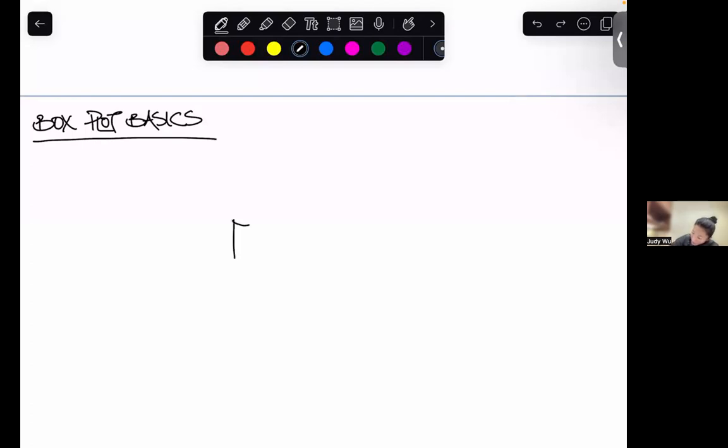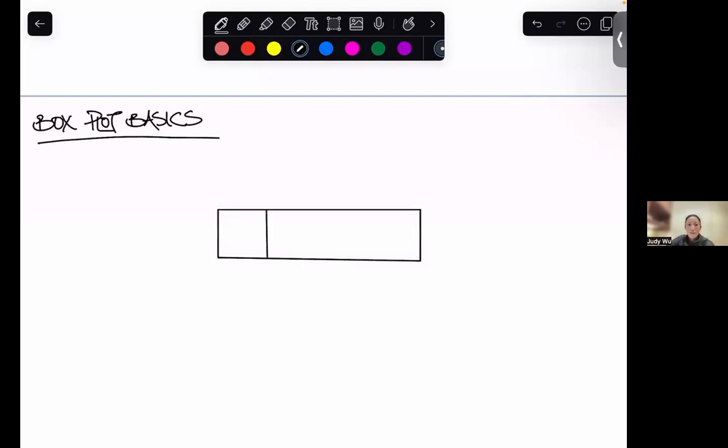All right, so we've got a box. And somewhere in the box, we have another line. And then we have these whiskers. Okay.